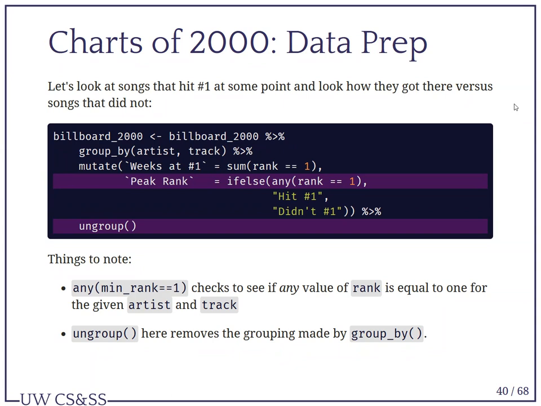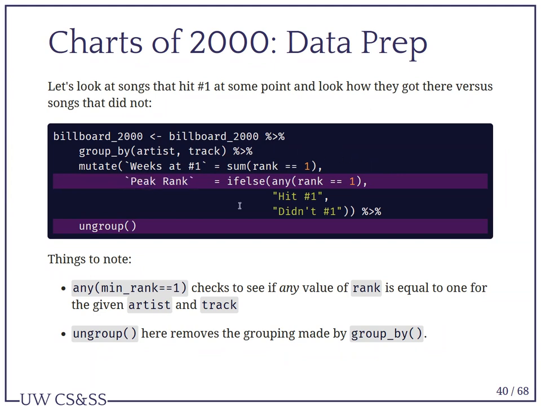So let's say we're interested in some sort of critical information to our lives, like whether or not a song hit #1 in the year 2000 on the Billboard Hot 100. So one way we might want to approach this question is to take our Billboard 2000 data and then group by the artist and the track, and then make a new column that's called weeks at #1, which is equal to the sum of the rows when rank was equal to #1.